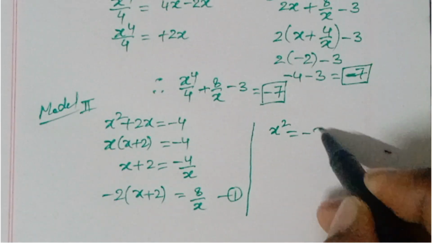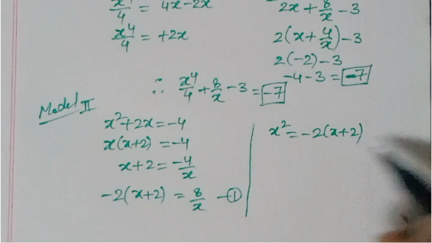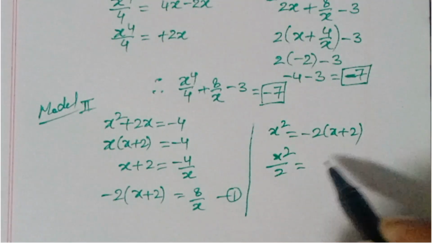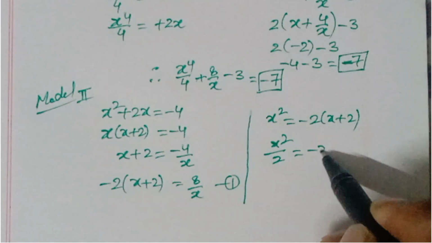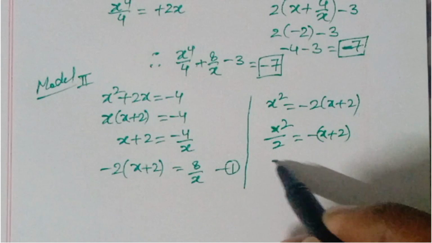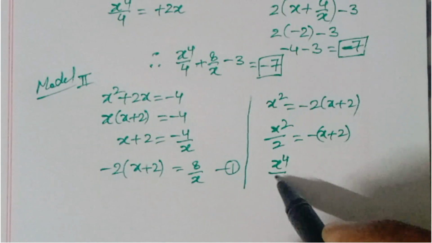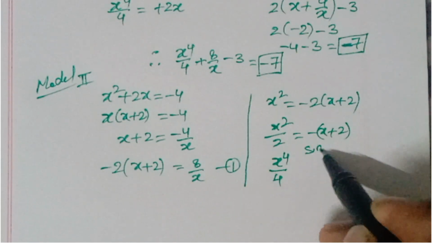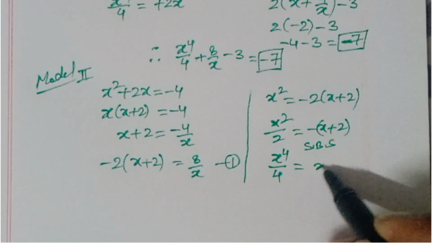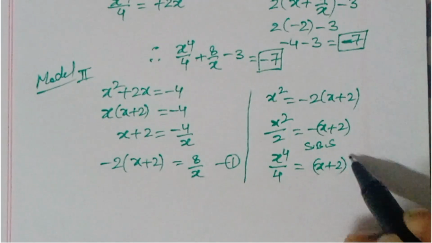Now if you take the second one, you can write this as x square, first equation only, minus 2 into x plus 2. x square by 2 is equal to minus of x plus 2. So squaring on both sides, x power 4 by 4 is equal to x plus 2 whole square.